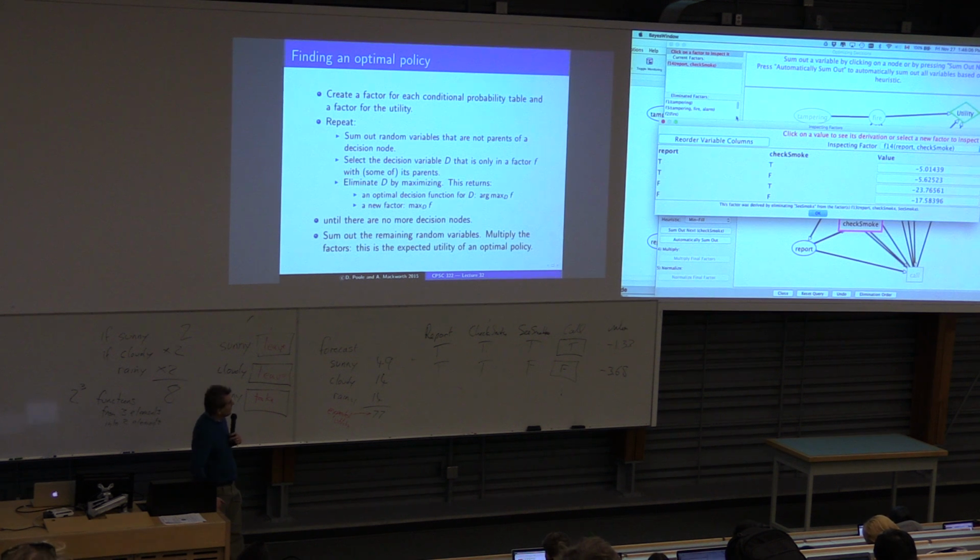Now I can optimize check smoke because I'm going to observe report. If I observe report is true, what's the best thing to do? I'm going to check for smoke. What if report is false?